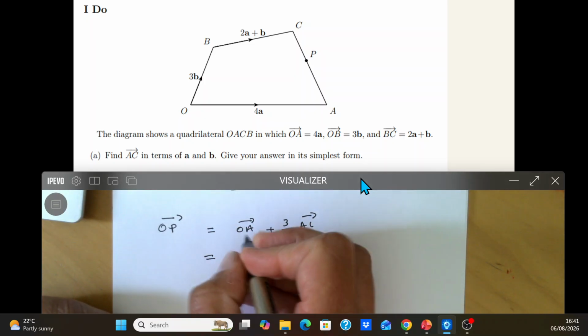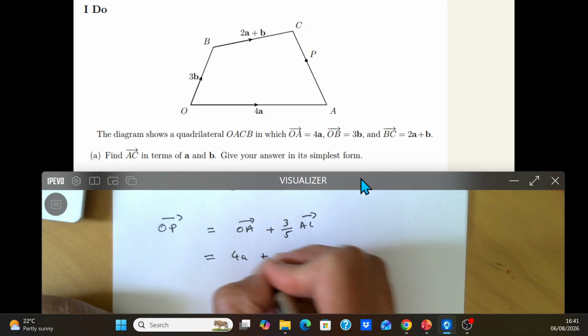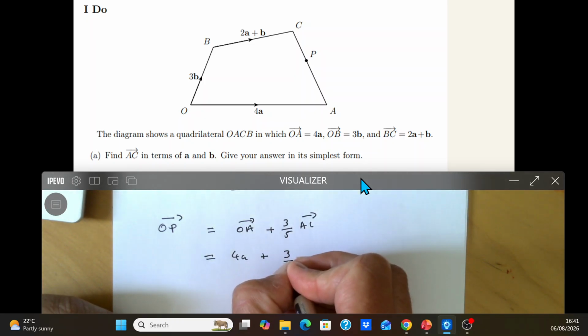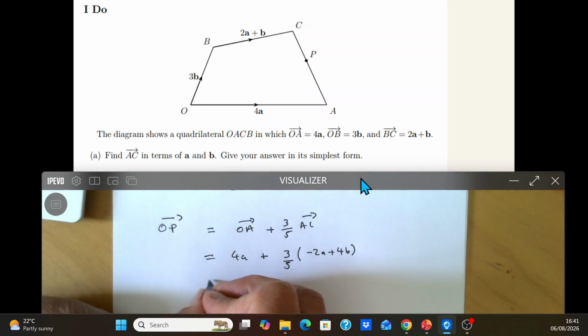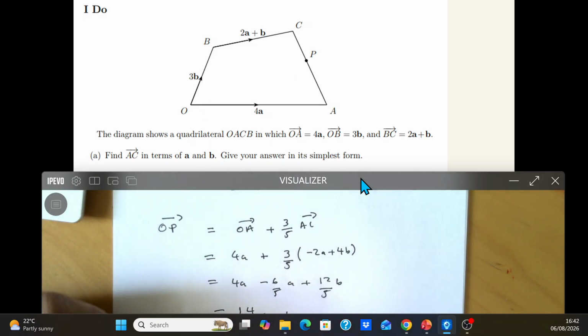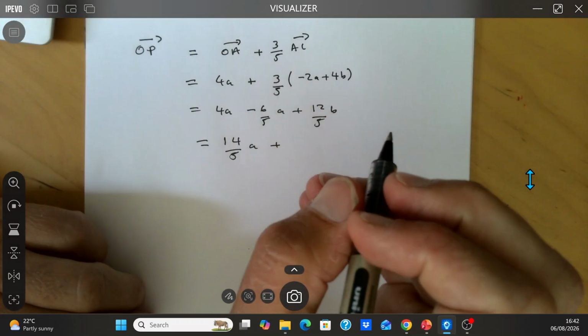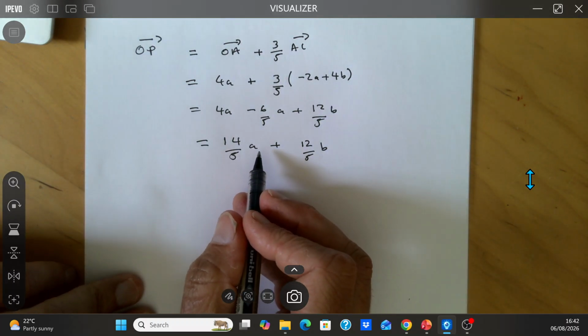So that equals 4A plus 3/5 of minus 2A plus 4B, which is 4A take 6 over 5A plus 12 over 5B, which gives you 14 over 5A plus 12 over 5B.